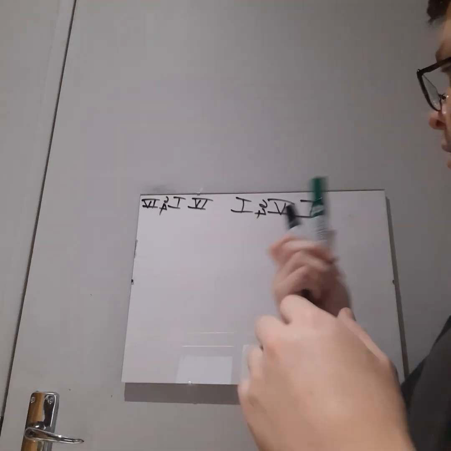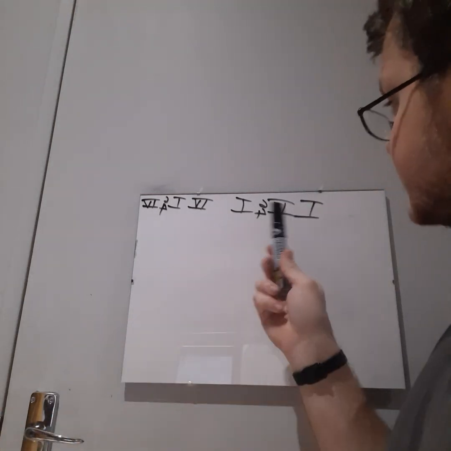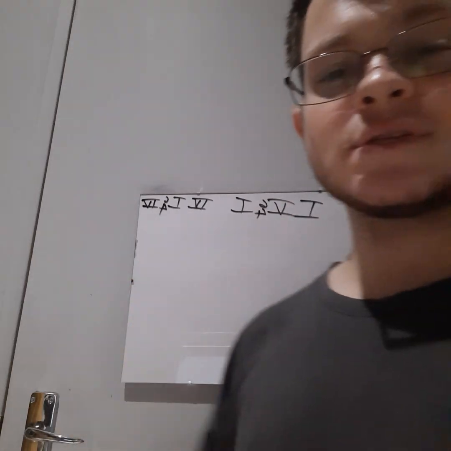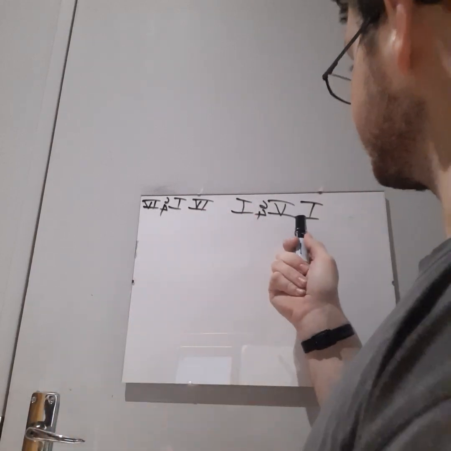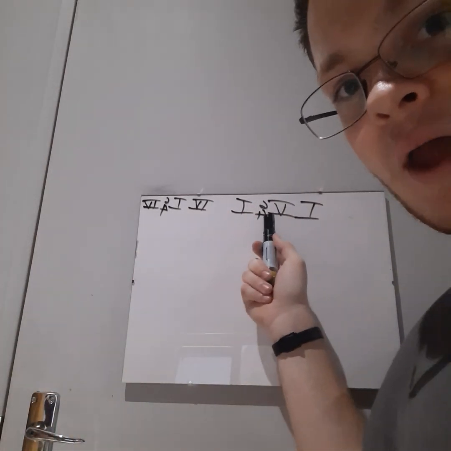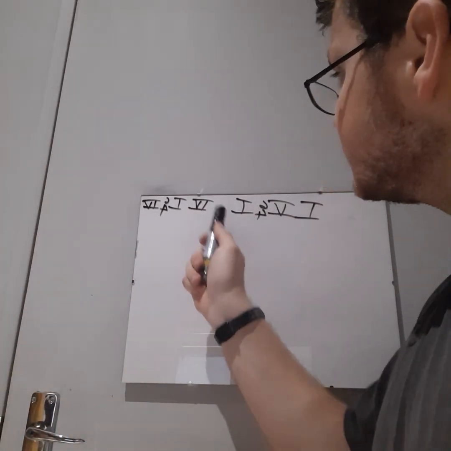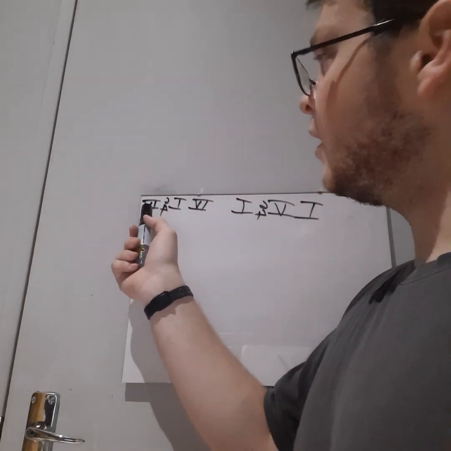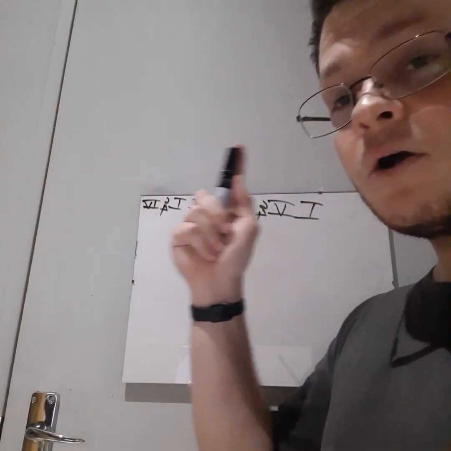What makes this less symmetrical, though, is that in both of these progressions, one of the chords on the outside has to be in first inversion. So we either have a 1/6 at the beginning or a 1/6 at the end, or a 4/6 at the beginning or a 4/6 at the end.